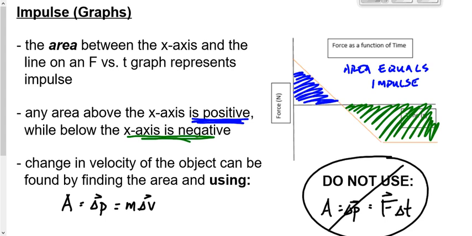Like, what's the average force here? Look at this. The force is changing. It's changing nonstop here. What is the average force? I don't know what the average force is. Without knowing what that average force is, you can't use that equation. Don't even try. Get the area equals the impulse, and then if necessary, set it equal to m times delta v.